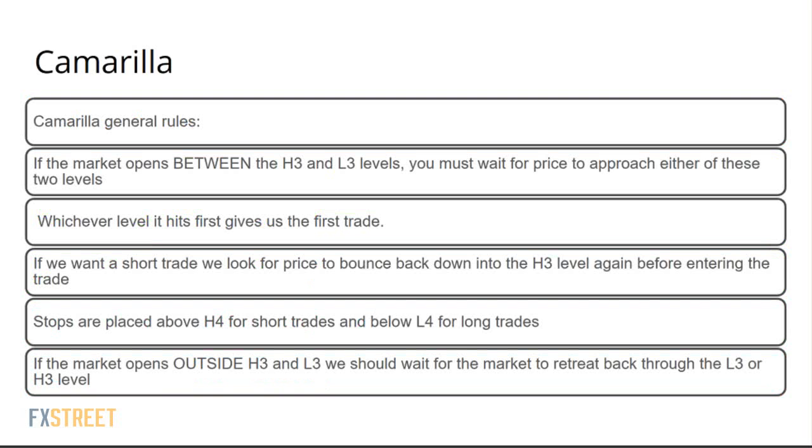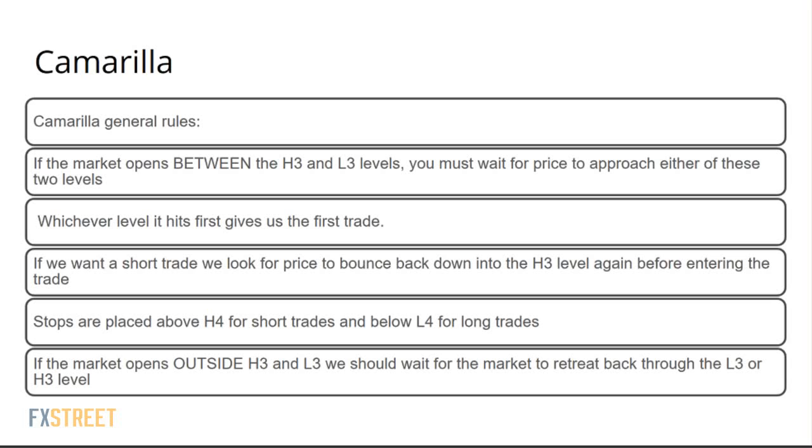If the market opens between the H3 and L3 levels, usually you must wait for the price to approach either of these 2 levels. Whichever level hits first gives us the first trade. If we want a short trade, we look for the price to bounce back down into the H3 level again before entering a trade. Stops are usually placed above H4 for short trades and below L4 for long trades.